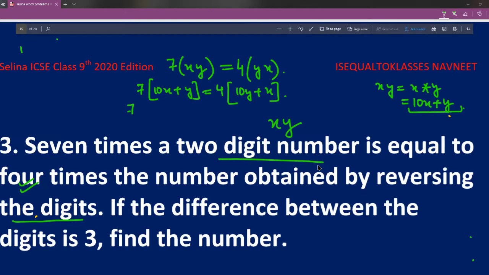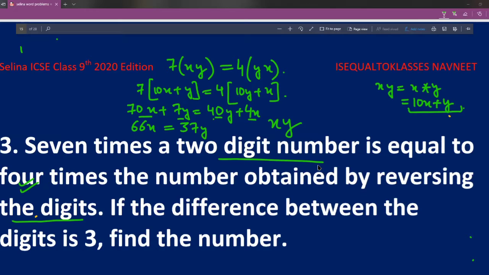I can write this as 70x plus 7y is equal to 40y plus 4x. I can write this as 70 minus 4, which is 66x, is equal to 40y minus 7y, which is 37y.